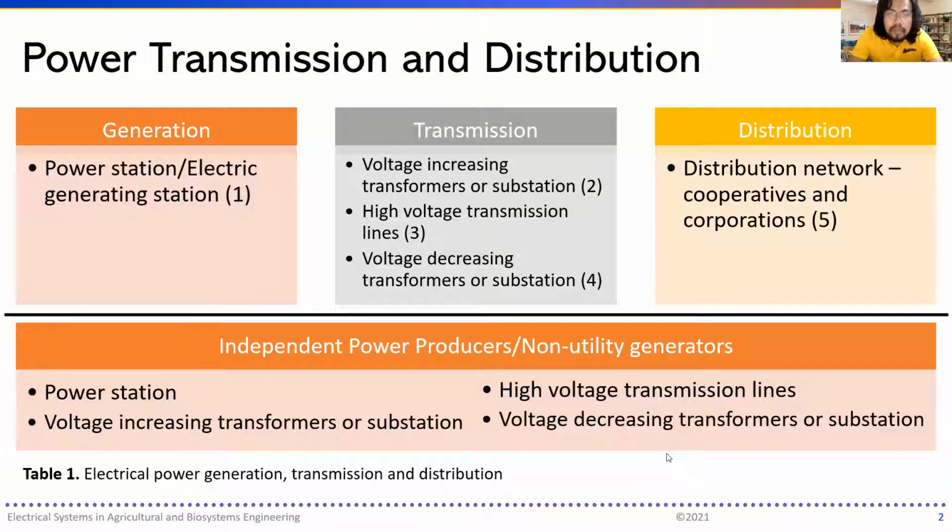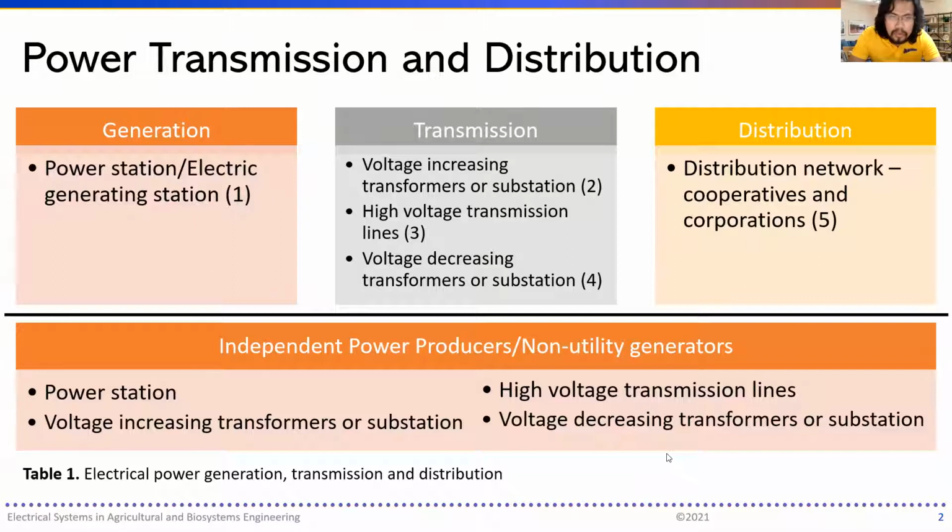Now, in an IPP or NUG, the energy in the form of electricity is produced and consumed by a specific producer and consumer. It could be the producer itself that is producing and consuming the energy. It could be involved in an industry such as steel production, or other industries that are highly energy intensive.